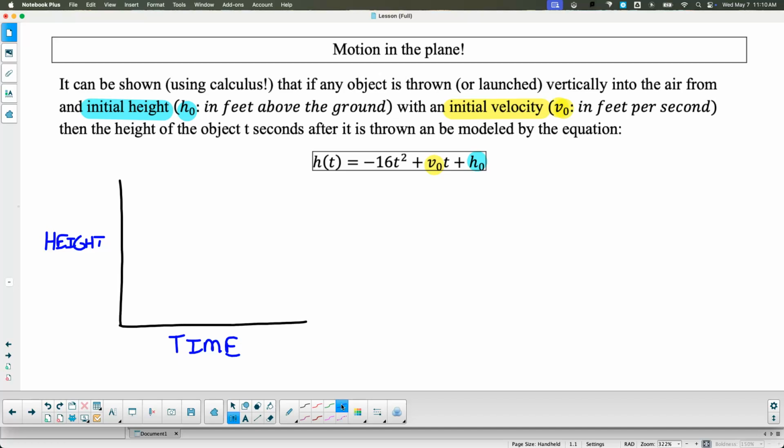Upside down parabola. So the time versus height graph would look like this, even though the actual flight of that same object would look like this, straight up and straight down.